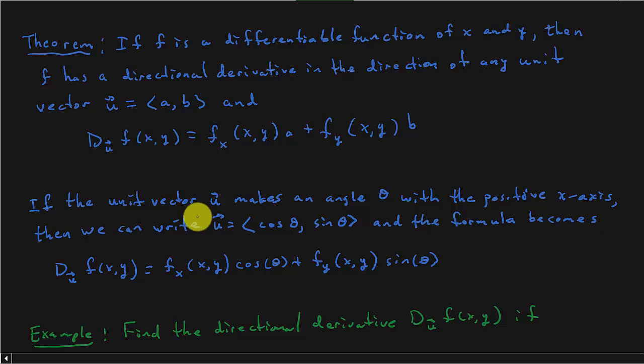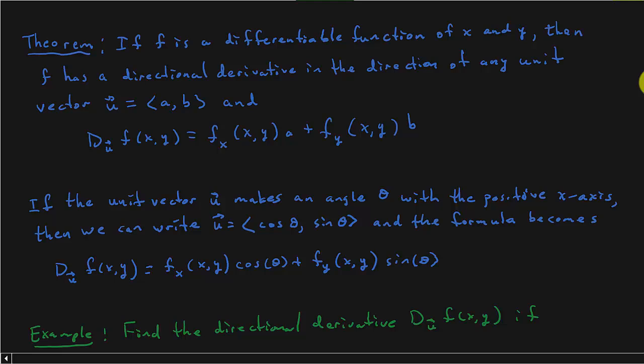If the unit vector u makes an angle theta with the positive x-axis, then we can write u equals the vector cosine theta, sine theta, and the formula becomes the directional derivative of f is the partial of f with respect to x times cosine theta plus the partial of f with respect to y times sine theta.